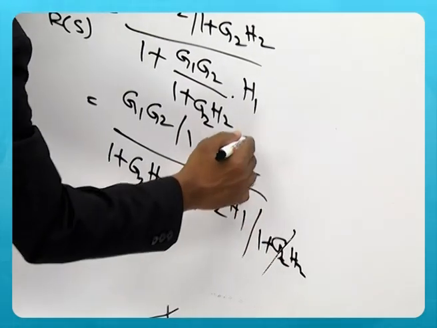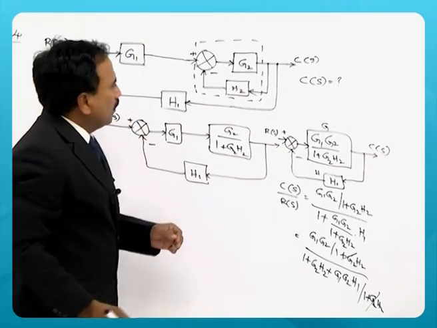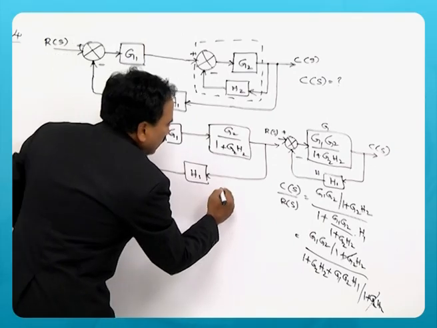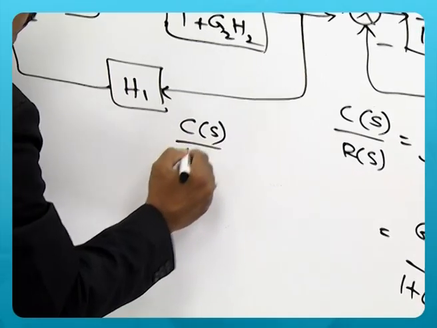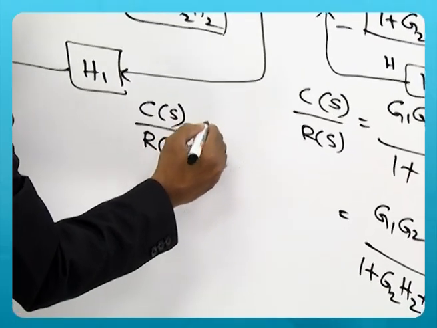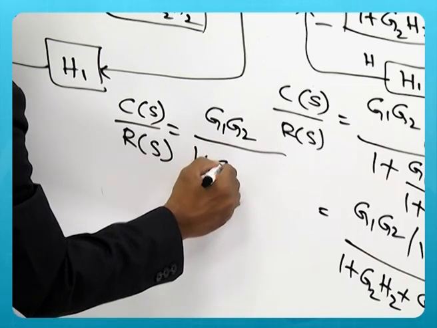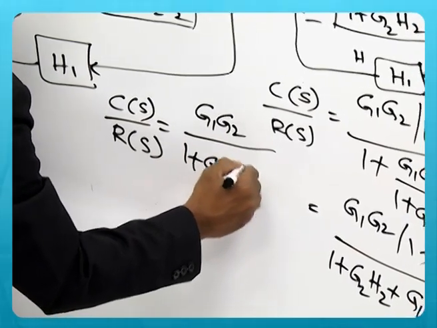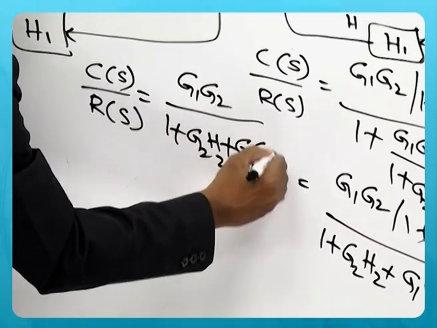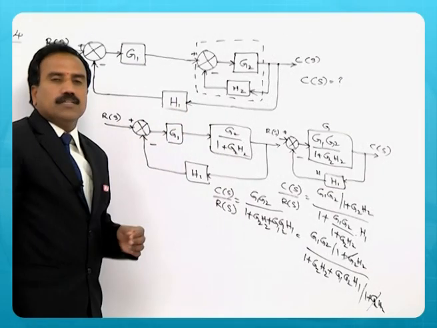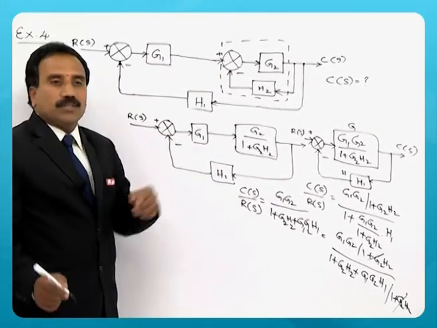So this gets cancelled. Now what remains, C of S by R of S is G1 G2 by 1 plus G2 H2 plus G1 G2 H1. This is the transfer function for this particular system.